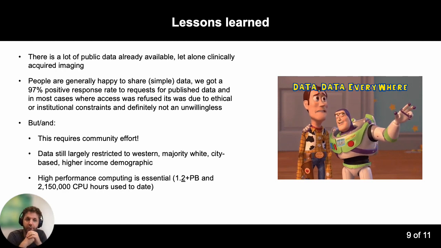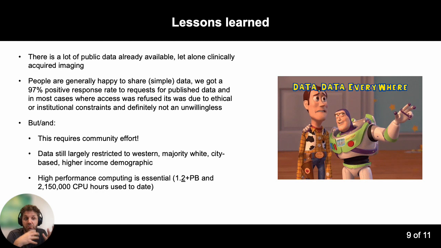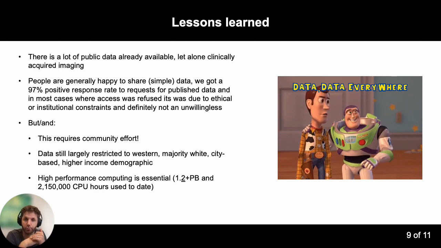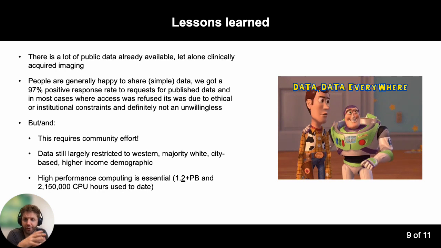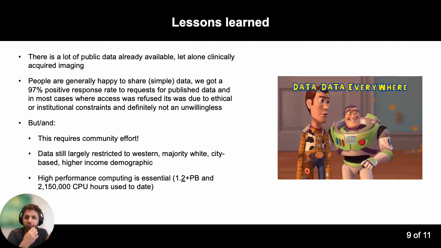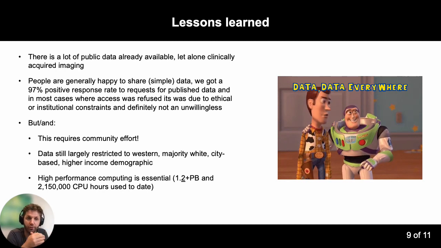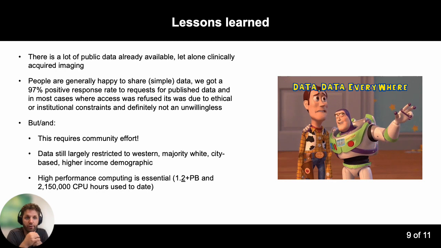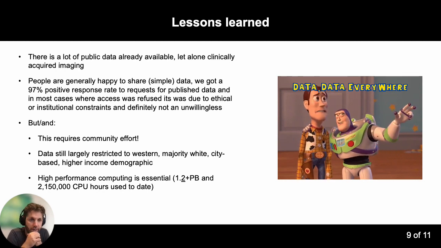We got close to a 97% positive response rate of people willing to share data for the purposes of generating these reference charts. And in most cases where we did not get a positive response, it wasn't due to any unwillingness of individuals to share data. It was because their ethics or their institute didn't allow them, or were very constrained in the kinds of data they could share.